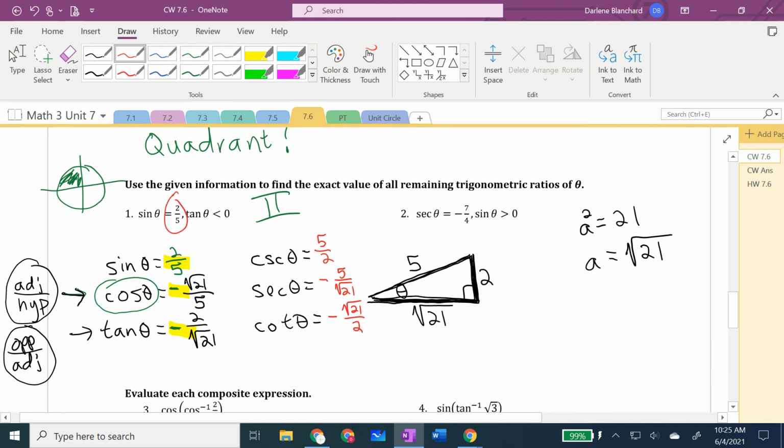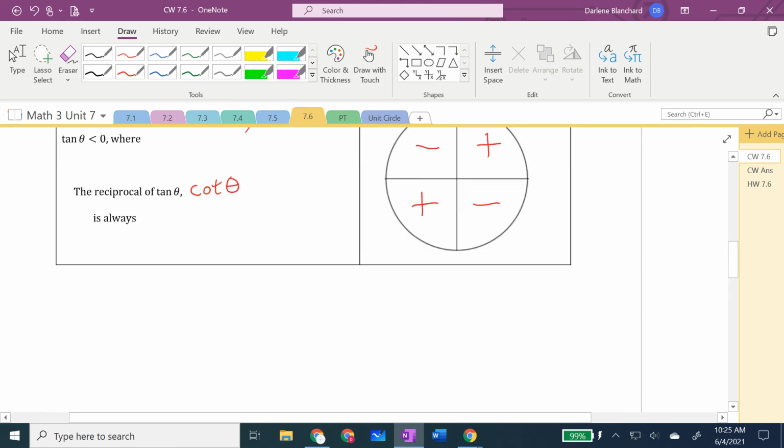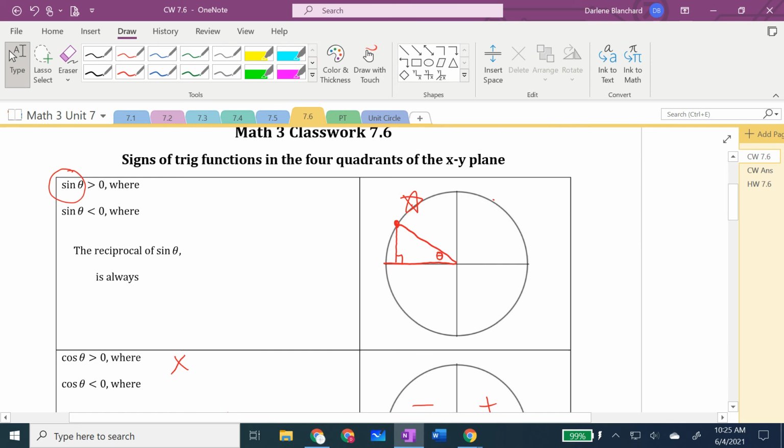You are given that your sine is equal to 2 divided by 5. So you would have to look at this and go, 2 is opposite side, 5 is hypotenuse. Let the hypotenuse be positive, but you then have to determine whether you are dealing with a positive y or not.